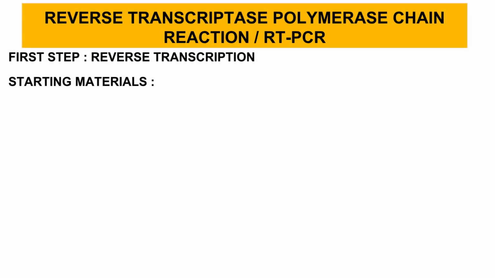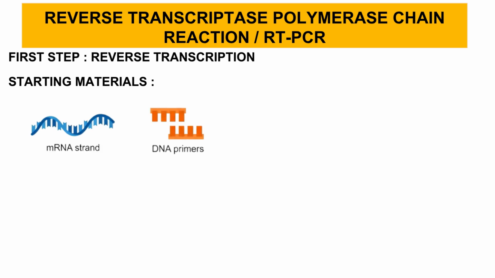The first step in RT-PCR is reverse transcription, where mRNA is converted into complementary DNA, or cDNA. To carry out this process, several materials are required. First, we need the mRNA strand, which contains the genetic information to be copied. Next, DNA primers are used to provide a starting point for DNA synthesis.